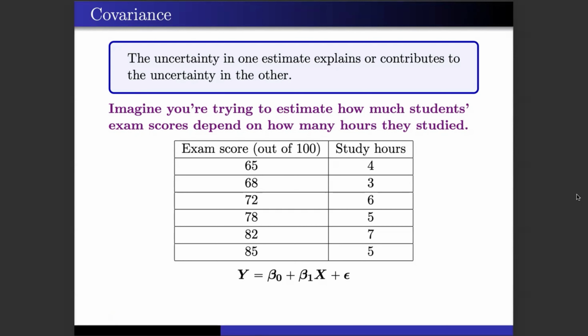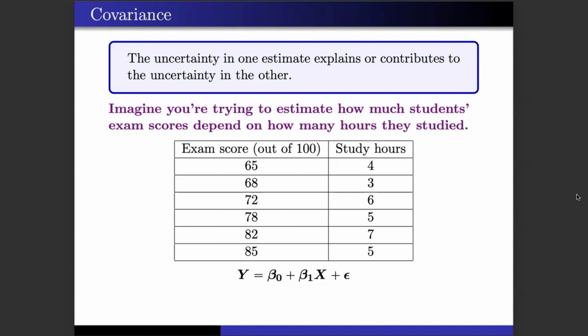Given this data set, we have the information of the dependent variable for 6 observations. We have exam scores of 6 students and their respective study hours. So we have the values of the study hours for the 6 observations. We have information about the dependent variable y. We have information about the independent variable x.